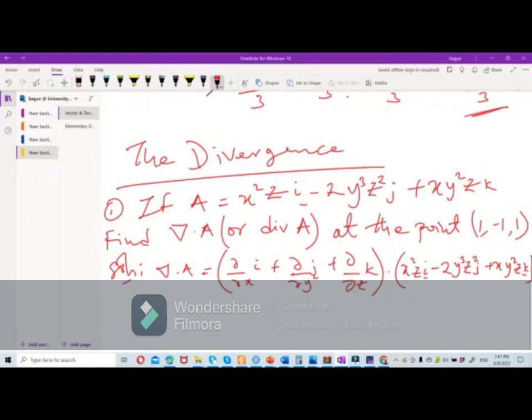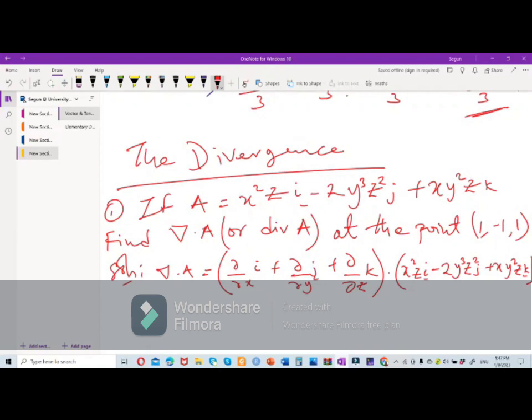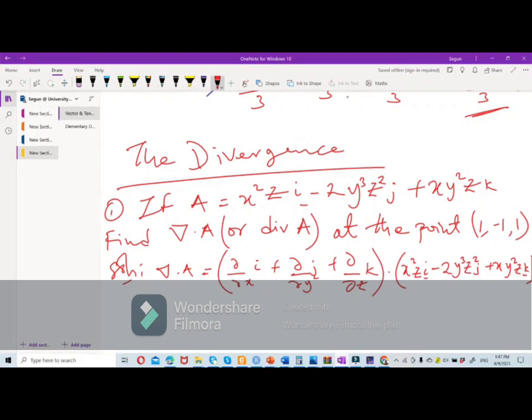Okay, so for us to solve this one, what we need to do now is, it's all about components multiplied by components, not the entire thing the way we did the other time. So what you need to do is pick d/dx into i dot i, d/dy into j dot j, d/dz into k dot k.